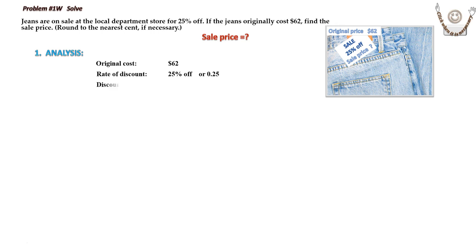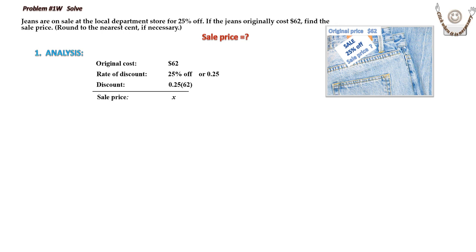Then the discount would be 25% off of what? Of the original cost. So it would be 0.25 times 62, because the word off means multiplication. And we are looking for what? We are looking for the sale price.